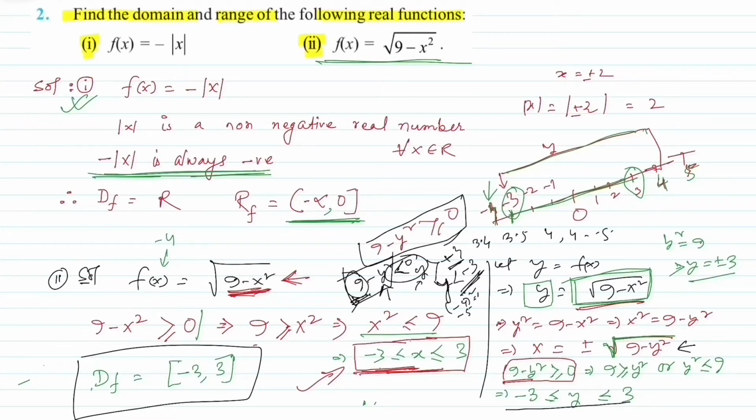Since y is a positive real number, the range of this function must be 0 to plus infinity. Here negative numbers should not be taken. This is the range of this function.